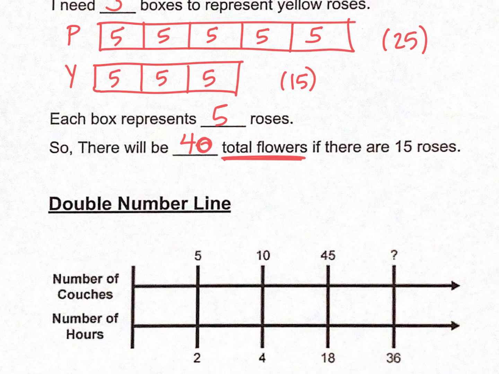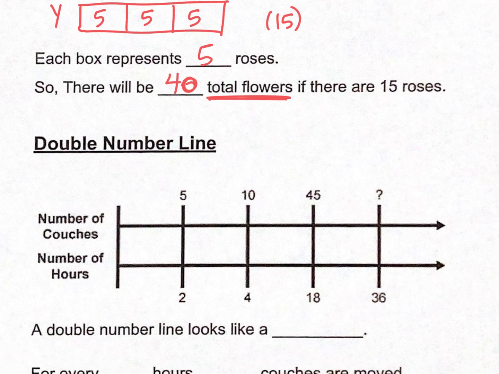Now we're going to look at a double number line. I want you to just for a second pretend like this bottom one is not here, okay? So now it looks like just a regular number line, right? Those tick marks just label what we're counting by.